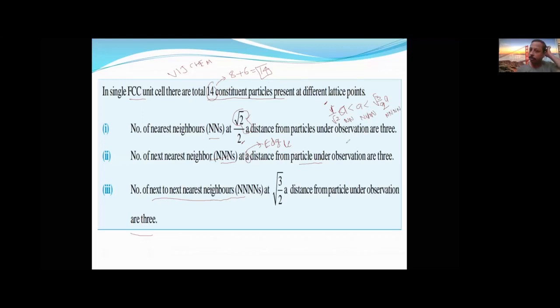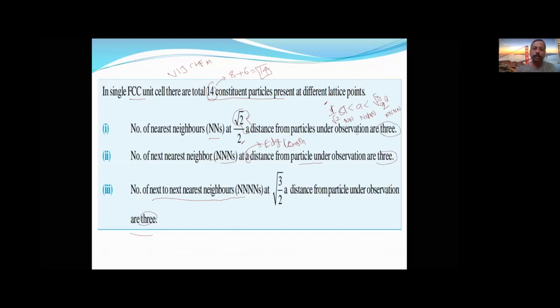The distances are 1 by root 2 A, root 3 by 2 A, and A. This is at A distance. A means edge length. And the number of next to next neighbors is 3. So these are 3, these are 3, and these are 3.